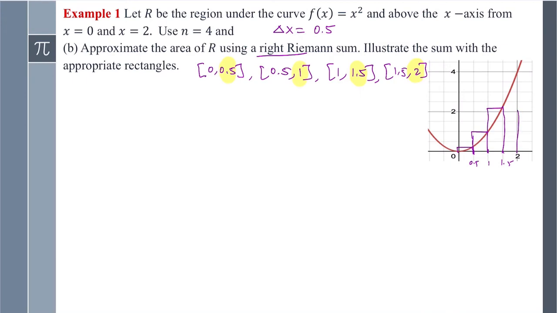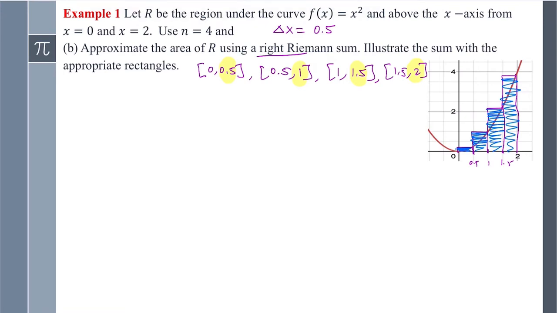The fourth one, this determines the height, which is this rectangle. So now the area that we are looking at is the area of this rectangle, this rectangle, and then this fourth rectangle right here.